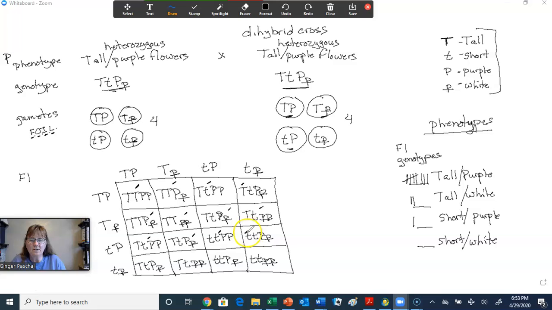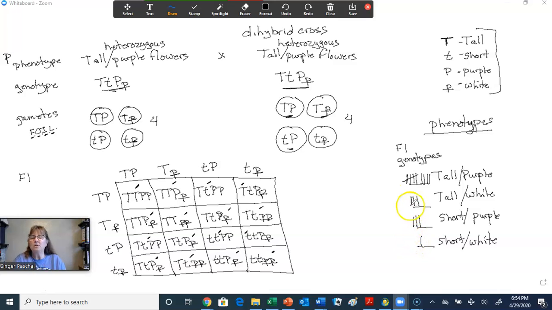This one is short purple. This one is tall purple. It's a lot of those. This one is tall white. This one is short purple. This one is, finally, we have one that is short white.